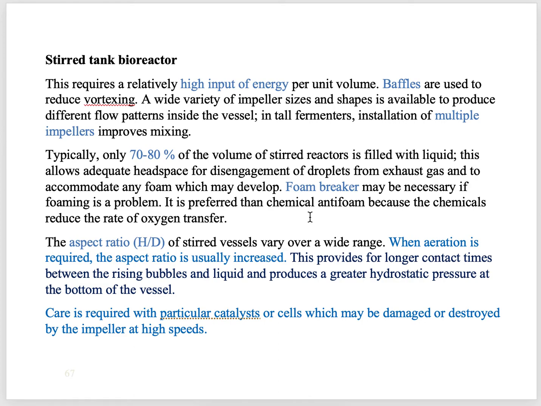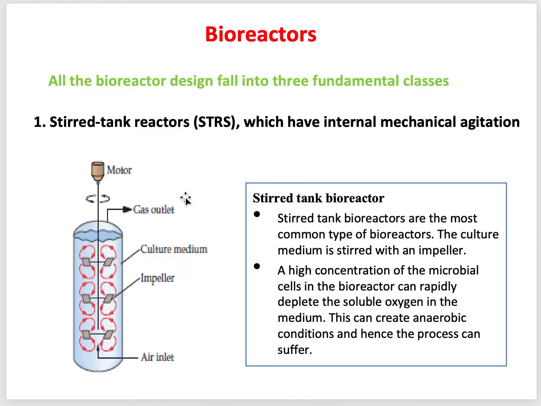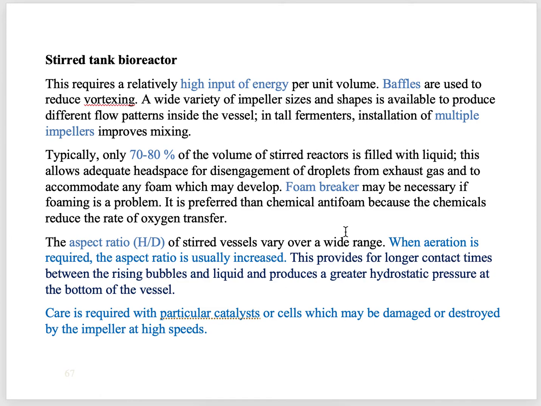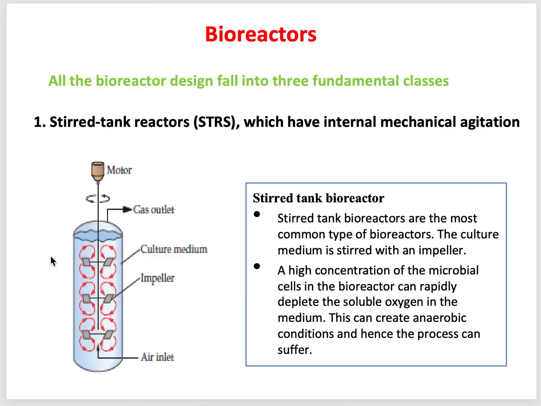Also, foam. When you run the process, foams are continuously formed, so there should be a space for that foam here. However, foam is a problem. If there is foam at the top of the fermenter, this foam hampers the gas disengagement process.